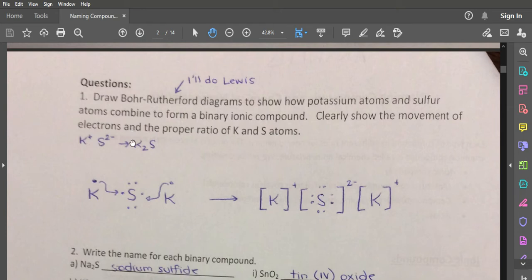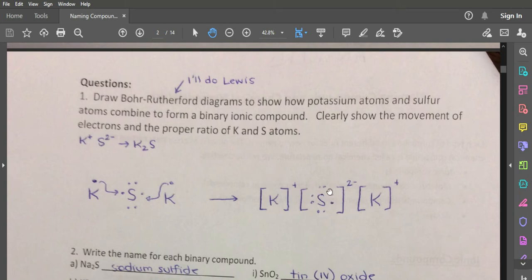To see how that works and how we have these charges is kind of going back to what we said an ionic compound is in the first place. We said that metals are going to give electrons to nonmetals and they will be statically bonded together. So if I have potassium, it has 1 electron in its outermost shell, and another potassium that looks the exact same, and they both donate that electron to sulfur.